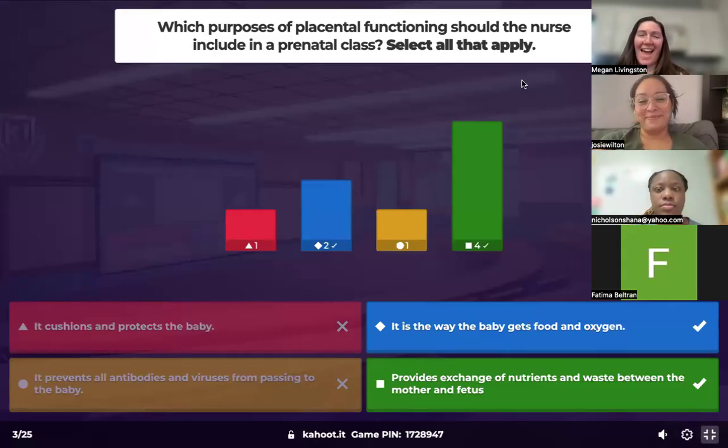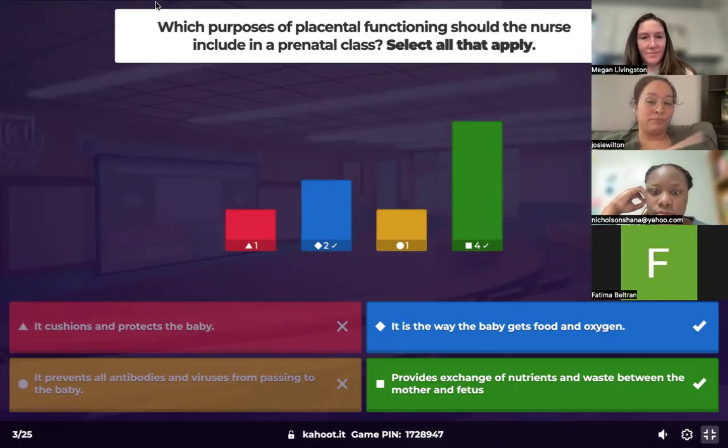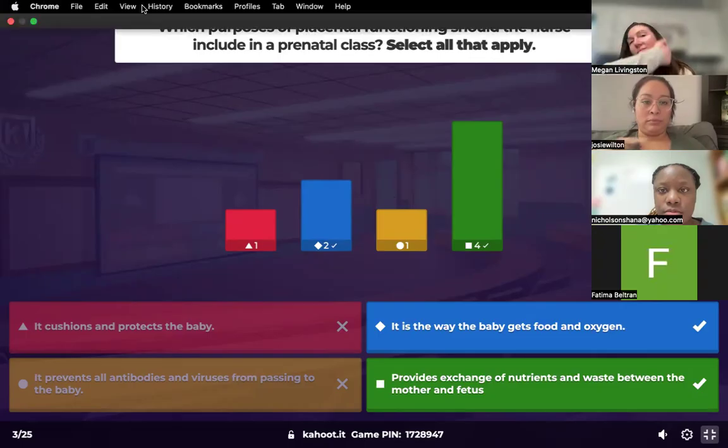Okay, so we're on our placenta now. Our placenta is the way that the baby gets food and oxygen, and it also provides exchange of nutrients and waste between mom and fetus. The cushioning and protecting of the baby is more for the amniotic fluid. Preventing all antibodies and viruses from passing to the baby is not entirely true.